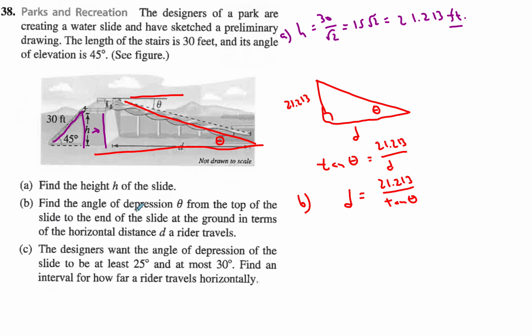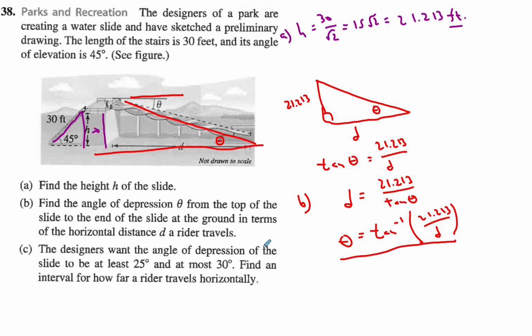That's what the distance would be. I didn't answer the question properly. I want to get theta by itself, so I take the tangent inverse, or the arctan, of 21.213 divided by d. Okay. So that actually answers the question there. That's in terms of d. That is, d is the independent variable.